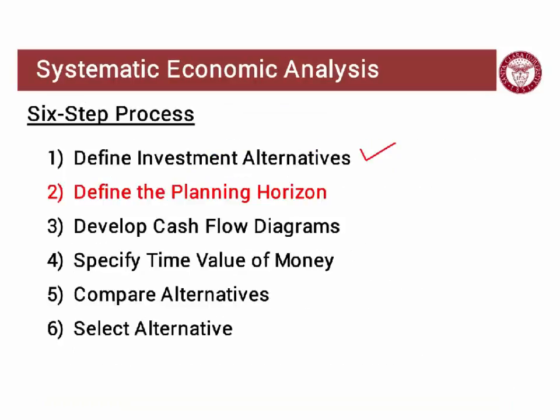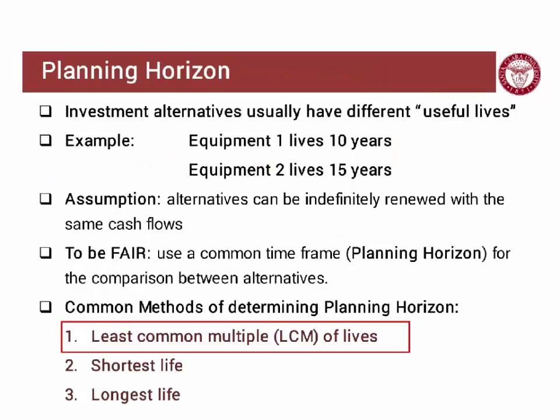So the next step would be to define the planning horizon. Here we call it useful lives. For every design, you need to think about its useful life. So we see here equipment one can live up to 10 years, but the second one is only living to 15 years.